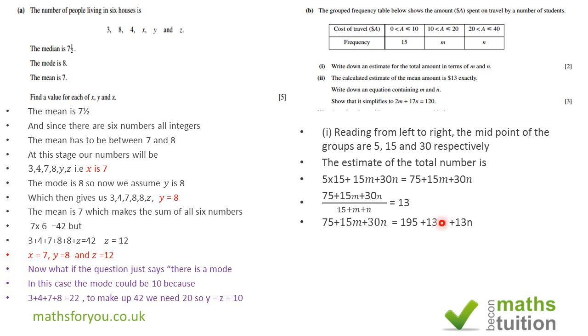If we then take 13M to the left hand side, the sign will change, so we now have 2M. If you take 13N to the left hand side, the sign will change, we then have 17N left. Take 75 to the left hand side, the sign will change, we then have 195 minus 75, which is 120. So that's what's required of us.